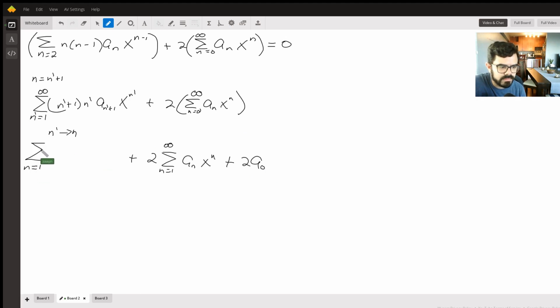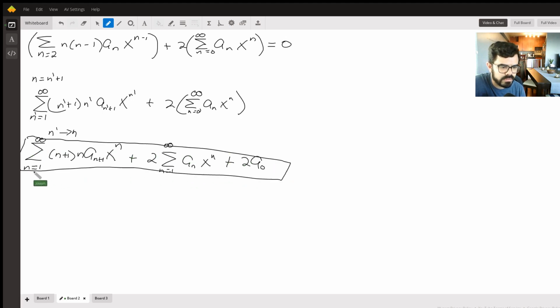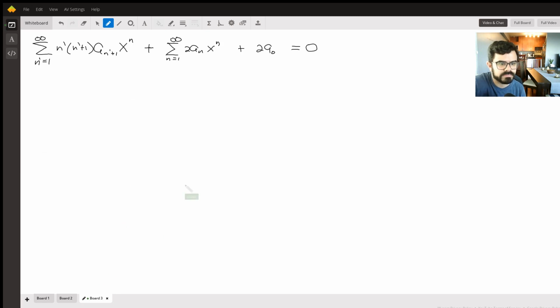And here I'm gonna make the replacement of n prime to n, just so that it's easier to read the whole thing together. So that's there. Sorry, it's kind of hard. I have a better written version here. Here I hadn't made this substitution yet.